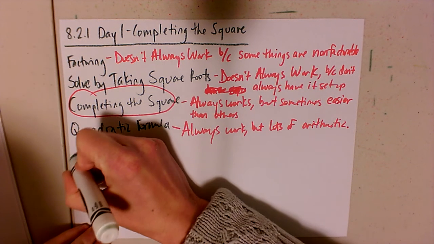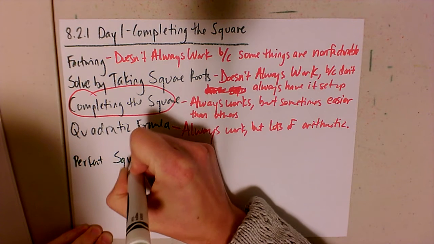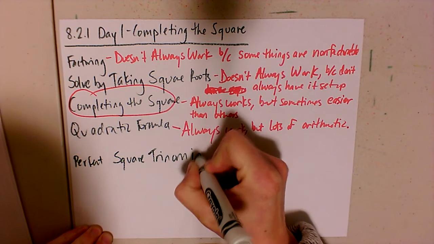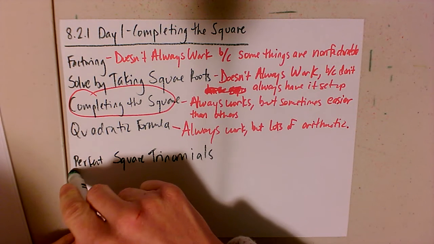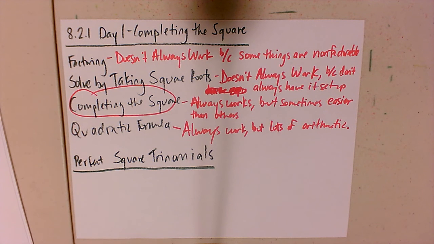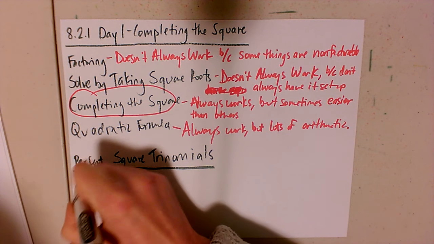When you are solving by completing the square, what you want to watch out for are these things called perfect square trinomials. Actually, what we should say is that when you're solving by completing the square, you are forcing something to be a perfect square trinomial. Examples of perfect square trinomials are listed in your handout, but I'll throw a few here.